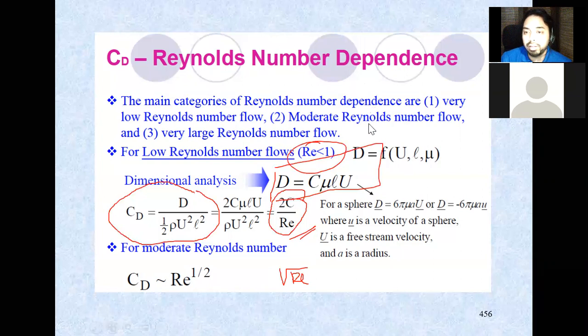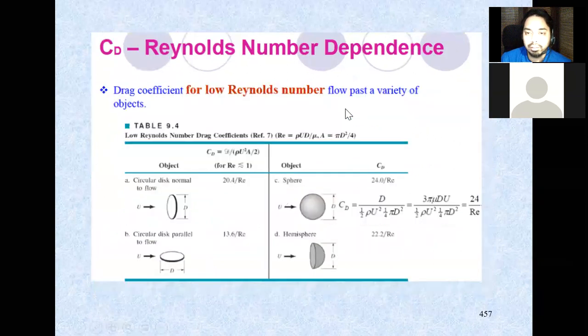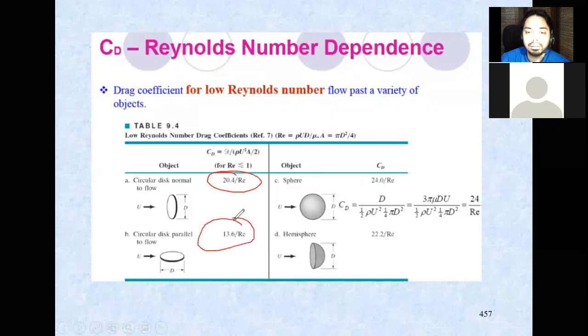It is summarized in the following table for different shapes and for low Reynolds number. For example, the CD for the circular disc over here is 20.4 divided by the Reynolds number, and 13.6 divided by Reynolds number, and so on.